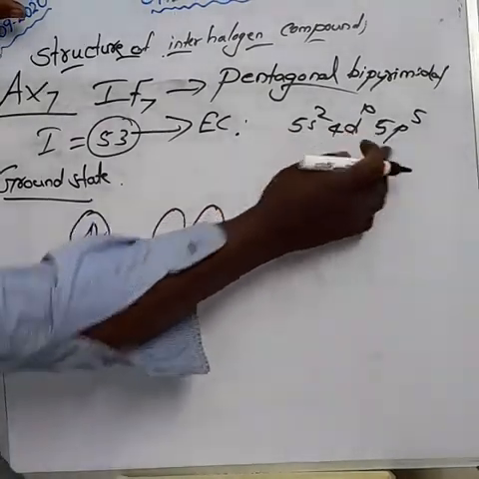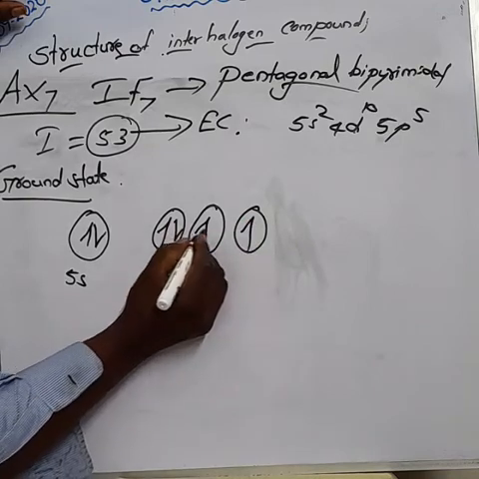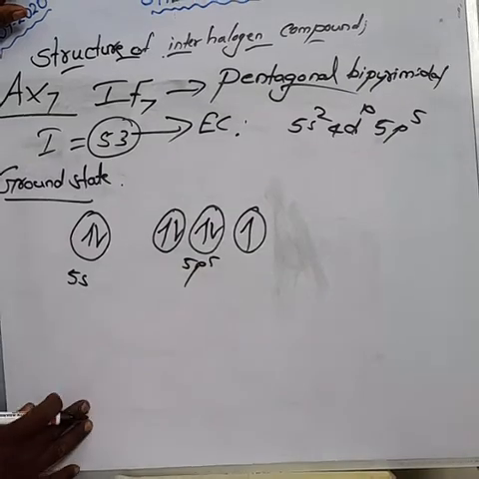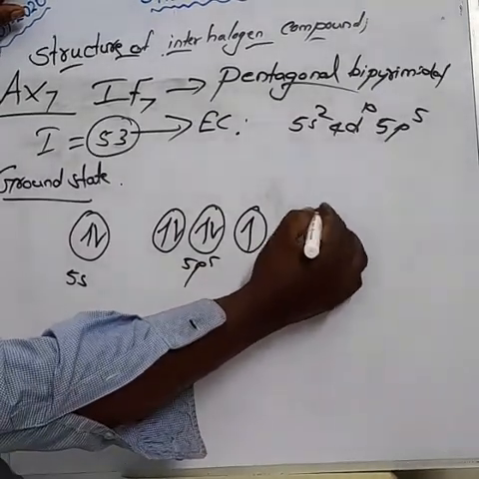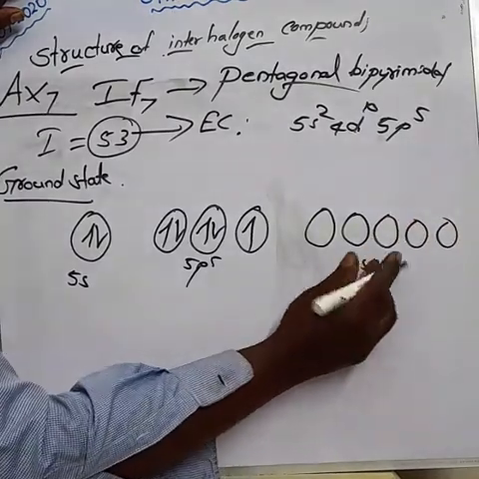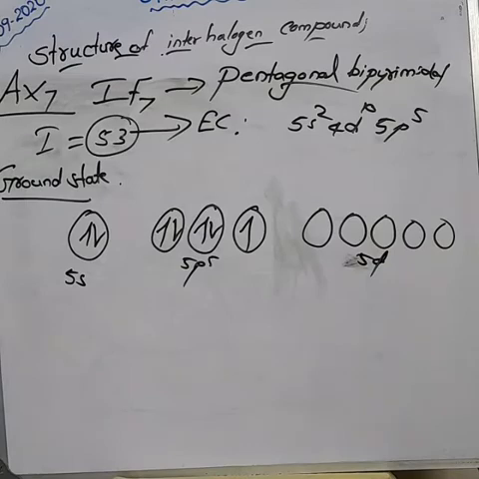Here I have 5 electrons: 1, 2, 3, 4, 5. And you should also draw the d, this is a vacant 5d. Okay, this is the ground state.